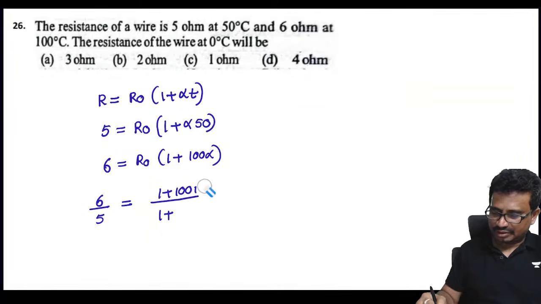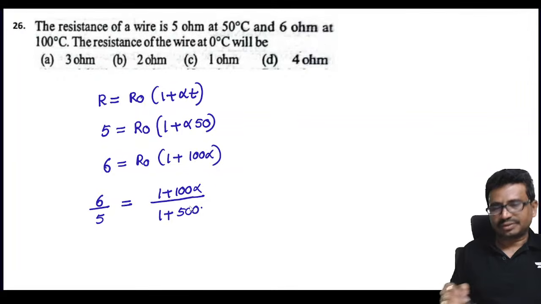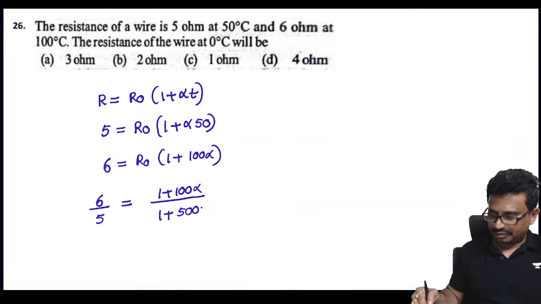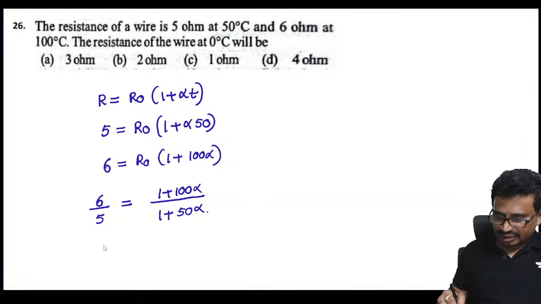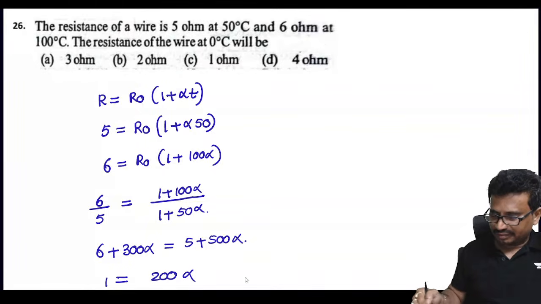Now we need to simplify. Cross multiply: 6 plus 300 alpha equals 5 plus 400 alpha. We get 1 equals 100 alpha, that is, 200 alpha.